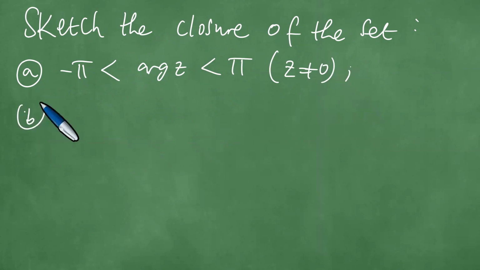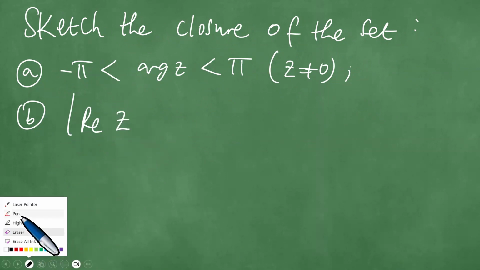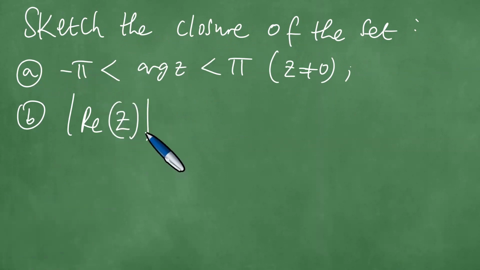B, the modulus of the real part of z is less than the modulus of z.